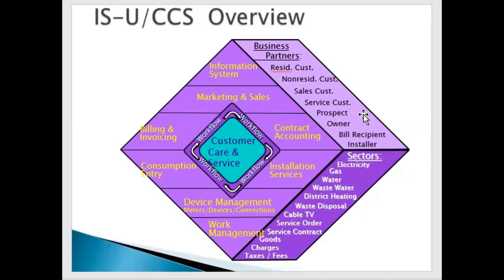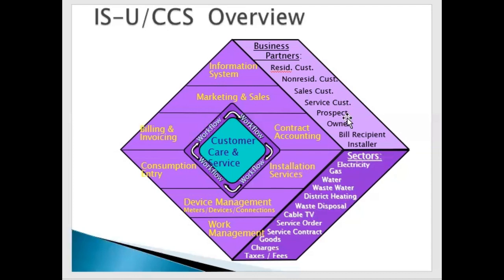Okay, so when we discuss the business partner, how many types of business partner can be created, we'll discuss in detail. But mostly it is residential, non-residential customer, sales customer, service customer, prospect, owner, and bill recipient. Now, residential customer is who is currently staying at his home, non-residential is who is not staying at his home, he is probably somewhere else.